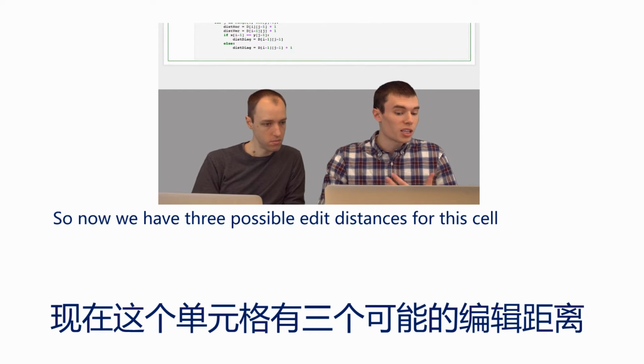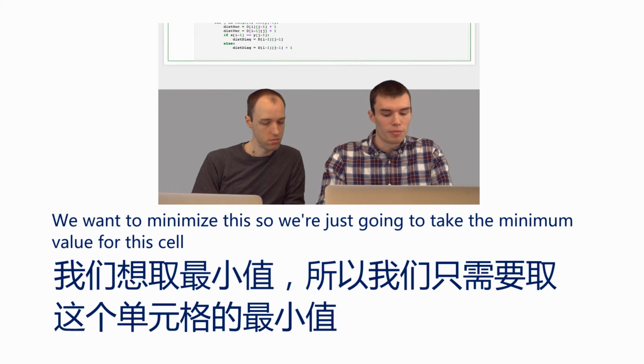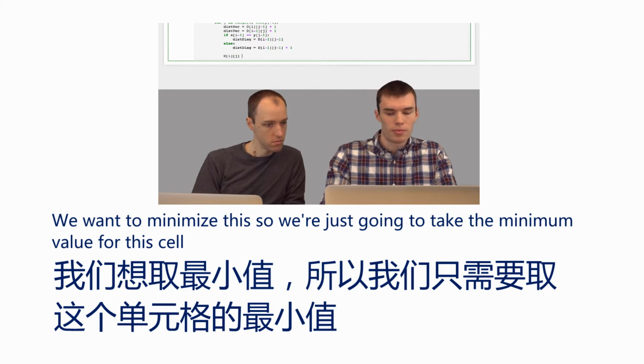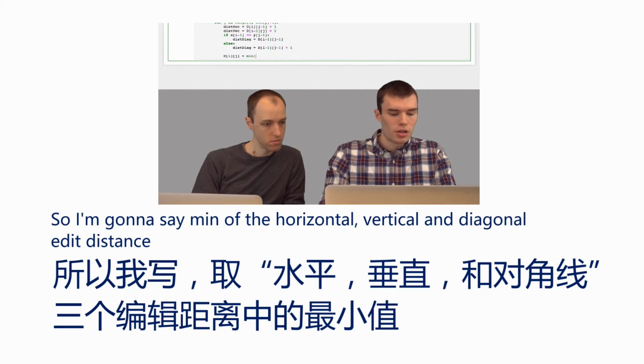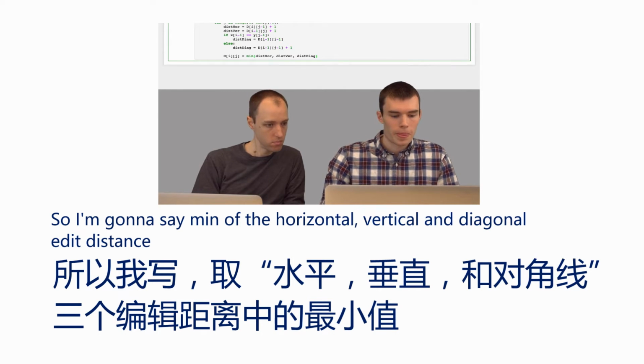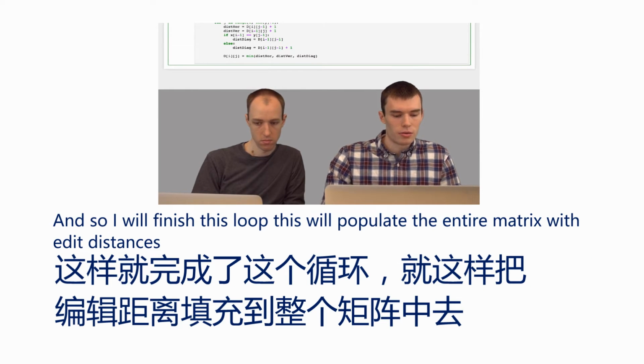So now we have 3 possible edit distances for this cell. We want to minimize this, so we're just going to take the minimum value for this cell. So I'm going to say min of the horizontal, vertical, and diagonal edit distance. And so we'll finish this loop.